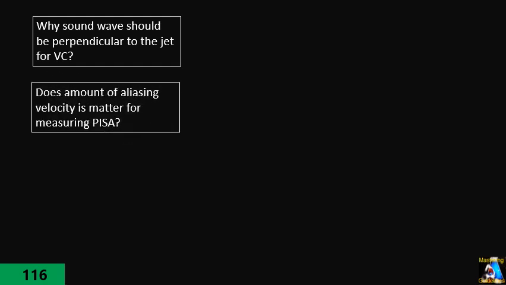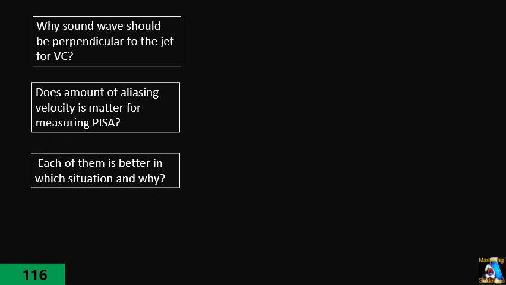Does this aliasing velocity, which changes the baseline, affect our measurement for PISA and finally mitral regurgitation grading or not? How? Which of them is better in which situation, where do we use each of them?